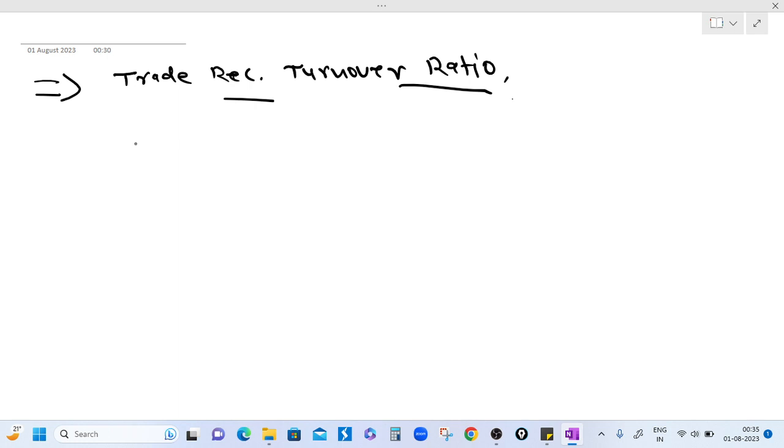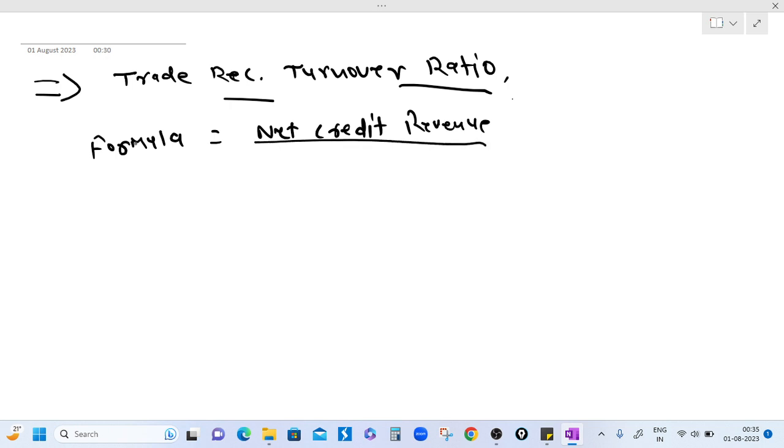Okay, so let's first discuss the formula: how will you calculate this ratio? The formula is net credit revenue divided by average trade receivables.